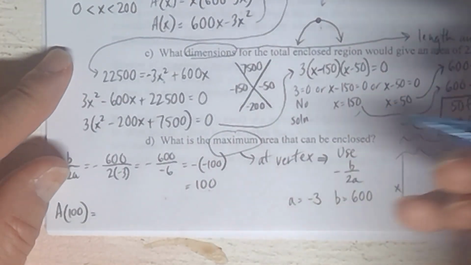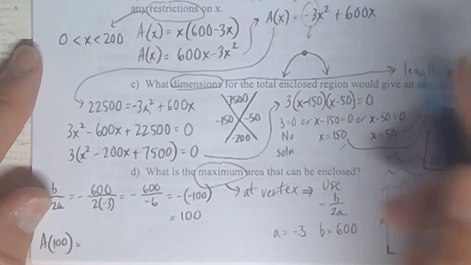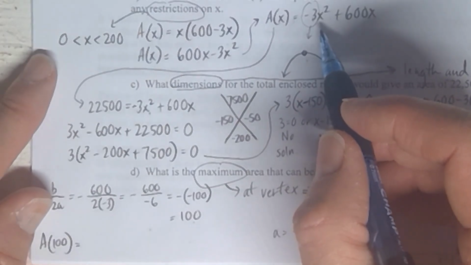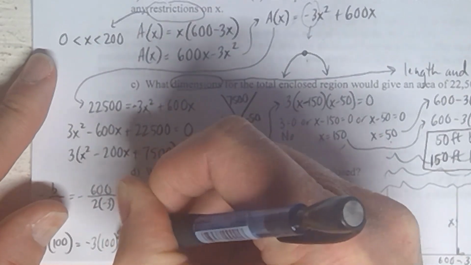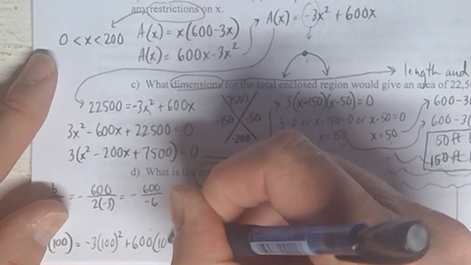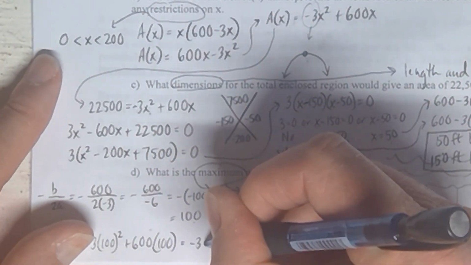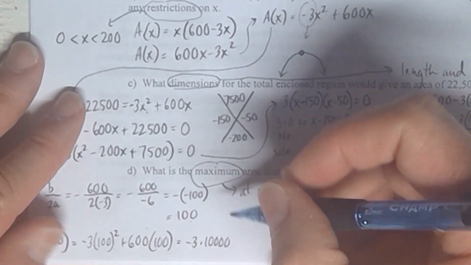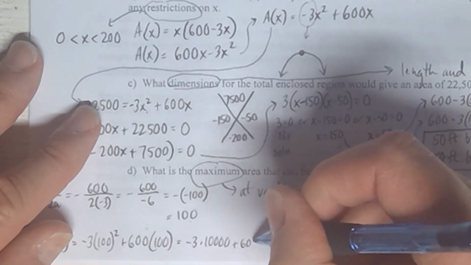So we plug the 100 into the A function up here, because that's what we're trying to maximize, the area. And we get -3 times 100 squared plus 600 times 100. Exponents first: -3 times 10,000 plus 600 times 100.